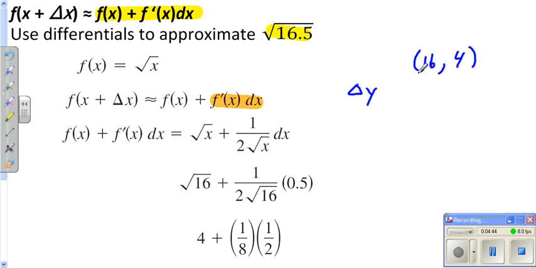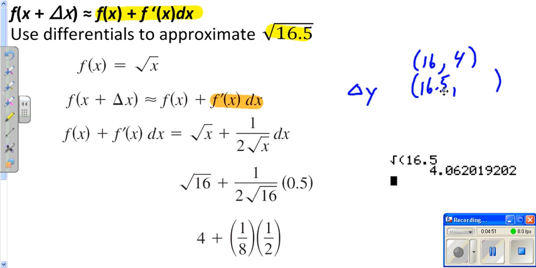You'd also want to put 16.5 into your function and look at what you get out, taking 16.5 and plugging it into your function. When you do that, as you see down here, in our decimal approximation, we get 4.062.